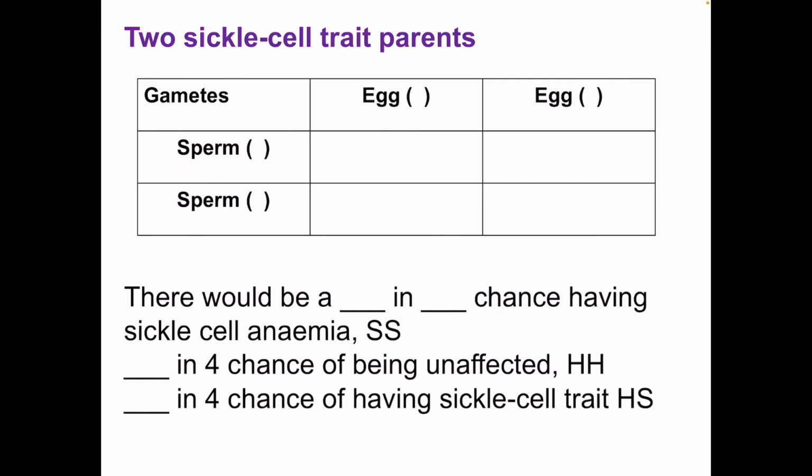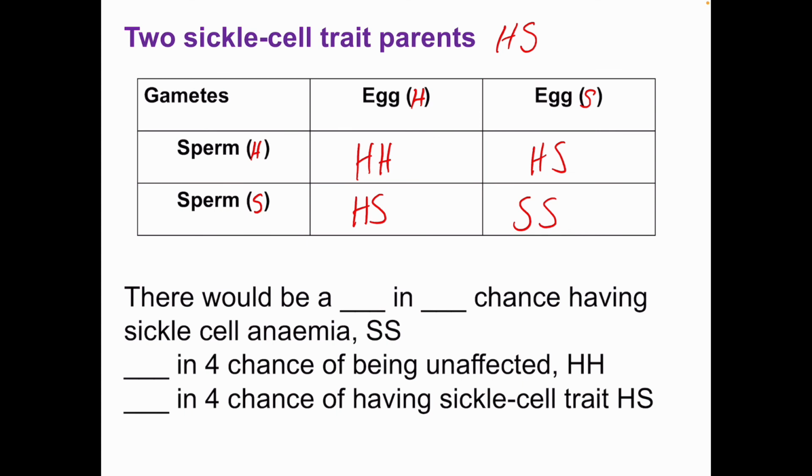So let's look at this cross where we have two sickle cell trait parents. Their genotype would be HS for both parents. So we put the alleles of the gametes here. So the children will be HH, HS, HS and SS.